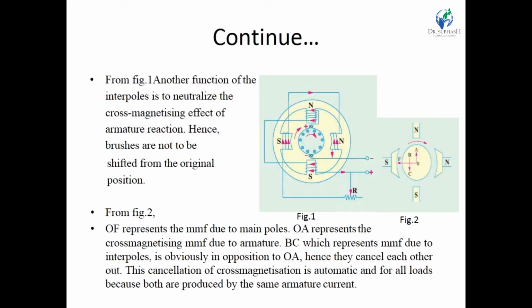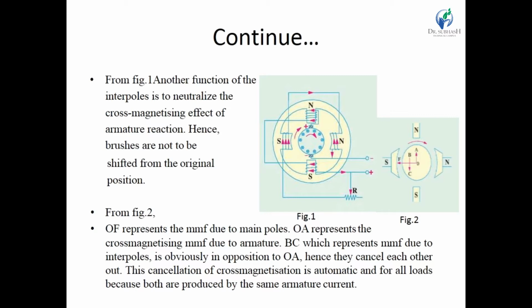This EMF neutralizes the reactance EMF and makes the commutation sparkless. When interpoles carry the armature current, the commutating EMF is proportional to the armature current. This will ensure the automatic neutralization of the reactance voltage, which is also proportional to the armature current.